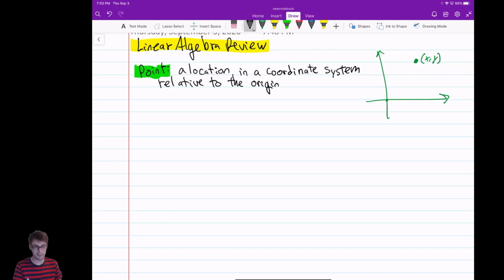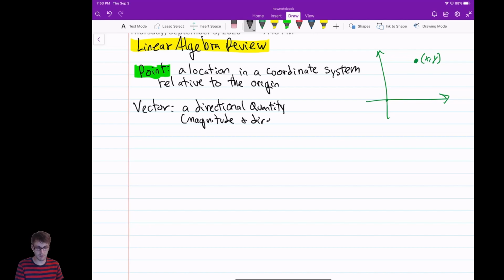Now that's my point. A vector, on the other hand, is a directional quantity. So it's a direction, which includes a magnitude as well. So magnitude and direction. So that's a vector.